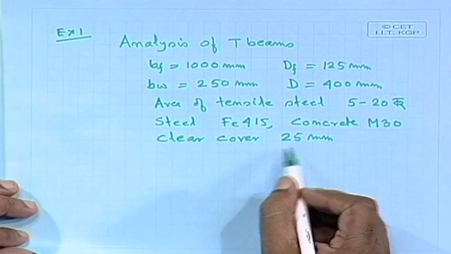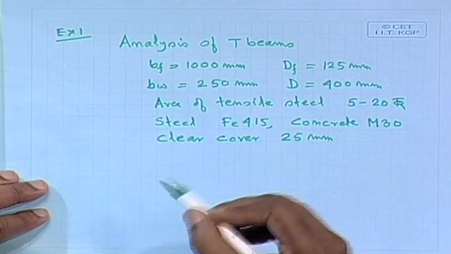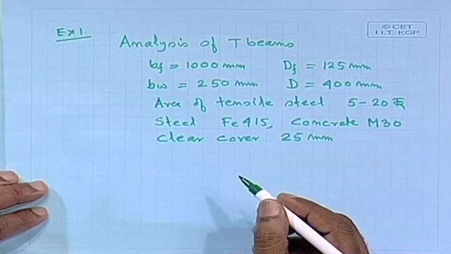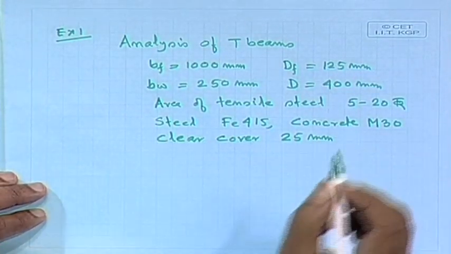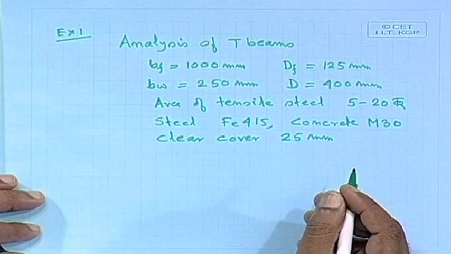We have to assume the clear cover and other things suitably if they are not mentioned, and you have to write whatever you have assumed. That is the practice in any design.